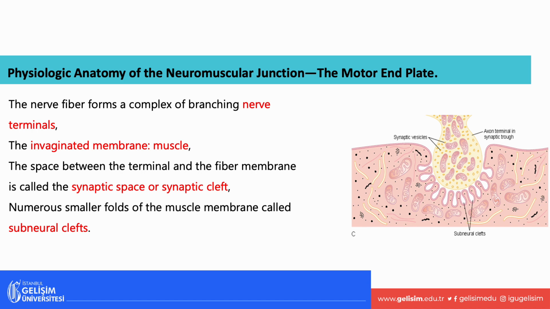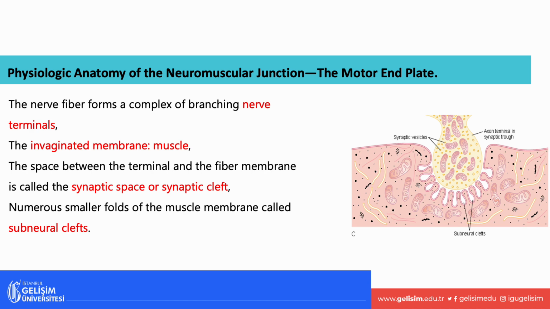So, at the neuromuscular junction, where a nerve fiber connects, I shouldn't say connect, but it's in close proximity, where it interacts with the muscle fiber, we have a complex structure that is made up of branching nerve terminals and invaginated membranes of the muscle fiber.